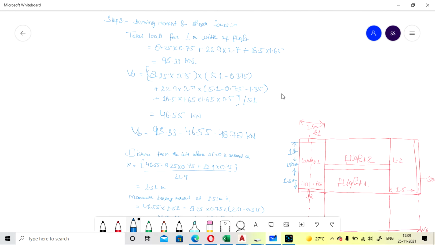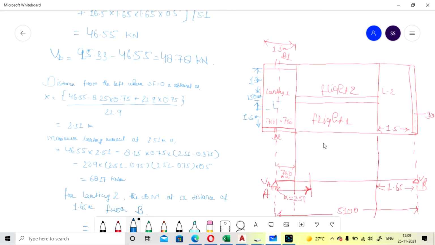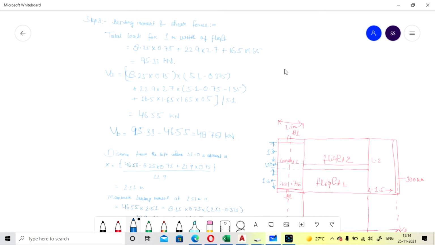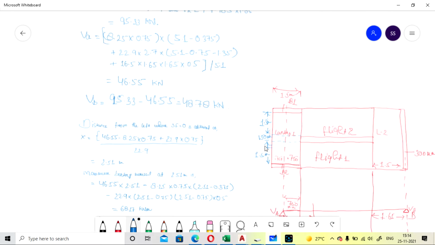So flight 1 it is 1.5 meter. Here total load for per 1.5 meter of width is calculated, but I am going with per meter of width.